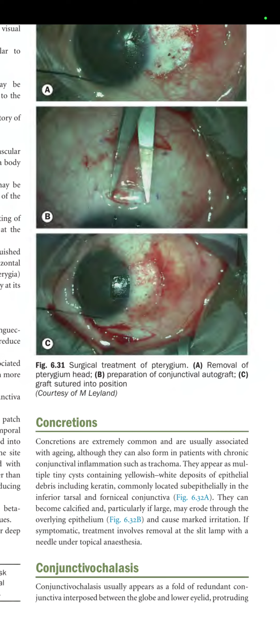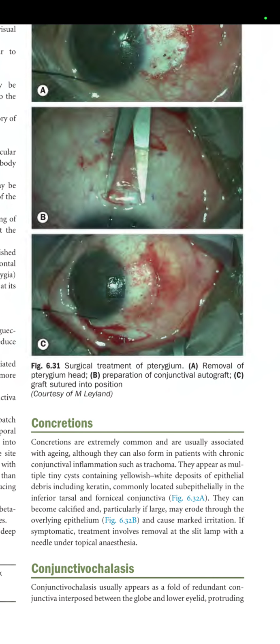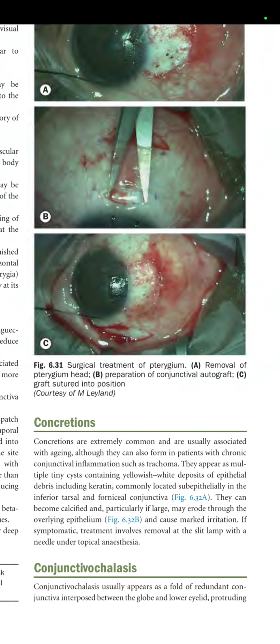They appear as multiple tiny cysts containing yellow-white deposits of epithelial debris, including keratin, commonly located subepithelially in the inferior tarsal and fornical conjunctiva. They can become calcified and, particularly if large, may erode the overlying epithelium and may cause marked irritation. If symptomatic, treatment involves removal at the slit lamp with a needle under topical anesthesia.